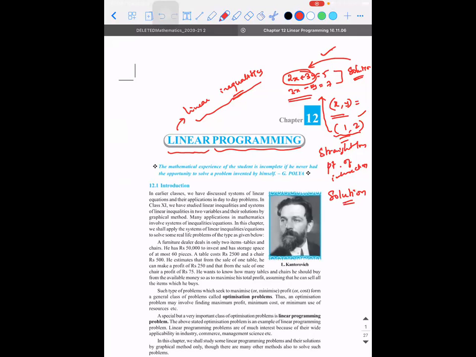A set of ordered pairs. What do the values in those ordered pairs represent? They represent that all those values will satisfy the region of the inequality, right? So they will satisfy the region of the linear inequality.